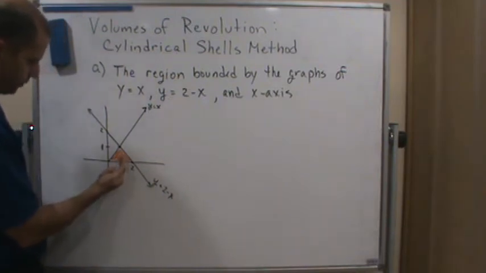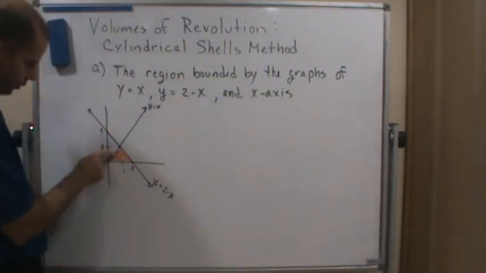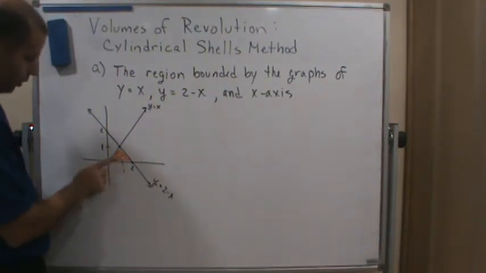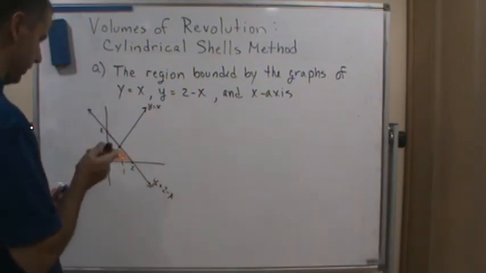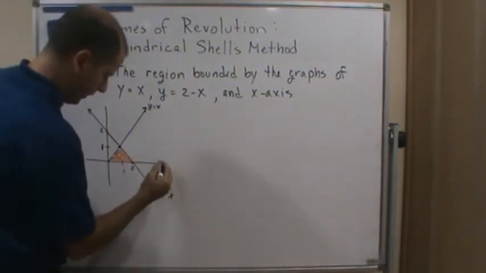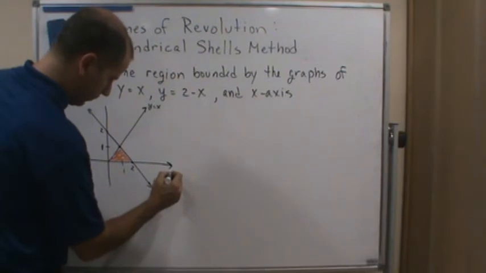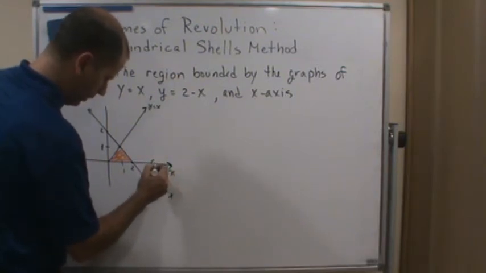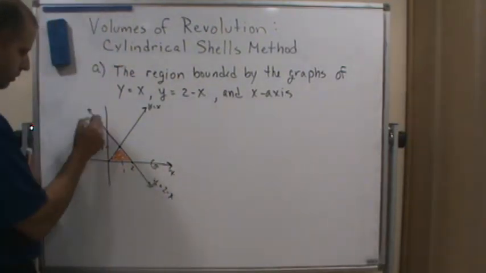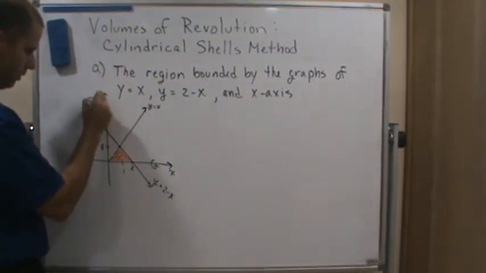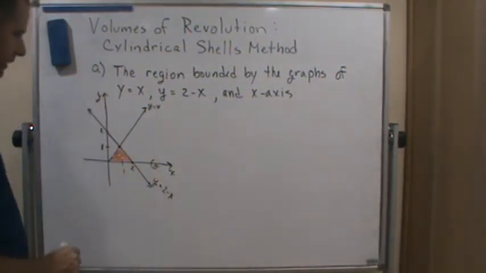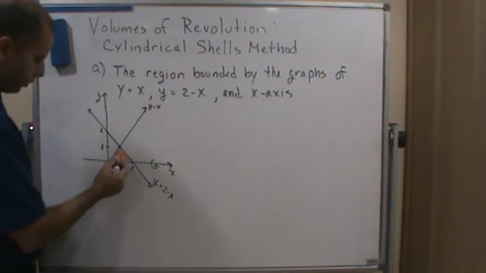Hold on, you're going around the x-axis. Could I do the cylindrical shell method? Let me draw my x-axis. So we're going around the x-axis, and we're going around this way.